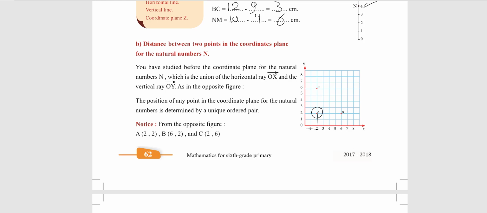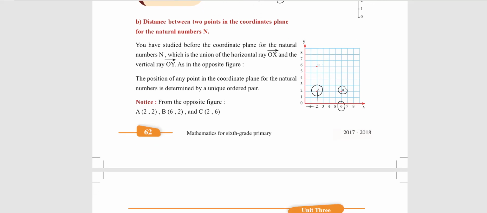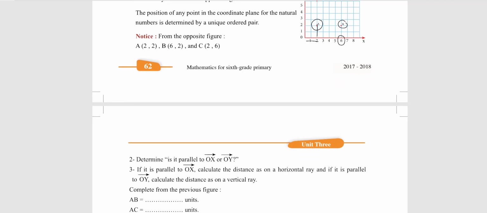The point B is determined by 6 and 2. And the point C, on the X axis we move 2 points and on Y we move 6 points. So the point C equals 2 and 6.